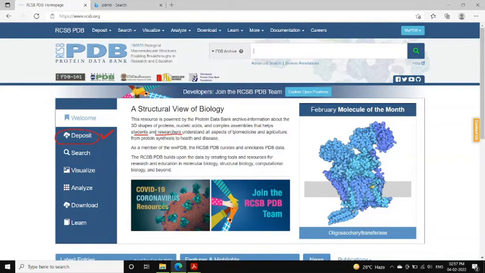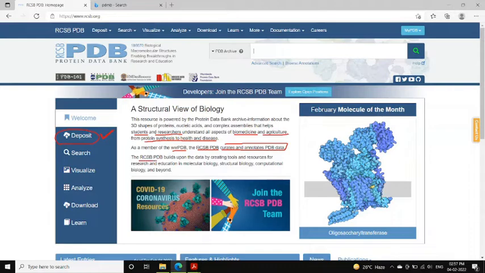It helps to understand all aspects of biomedicine and agriculture, from protein synthesis to health and disease. As a member of the wwPDB or RCSB PDB, researchers and students can curate and annotate PDB data.